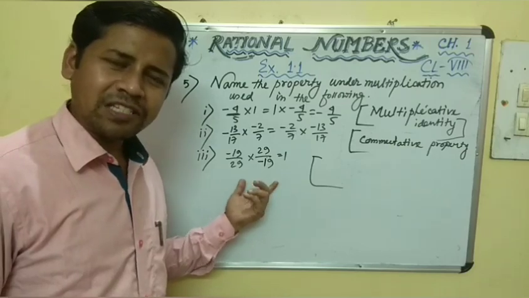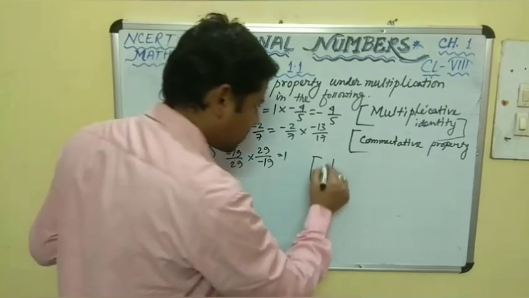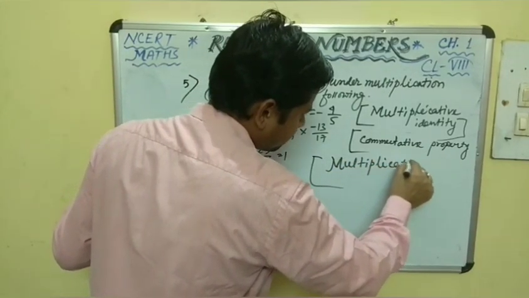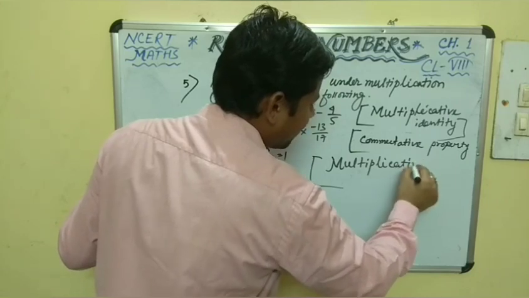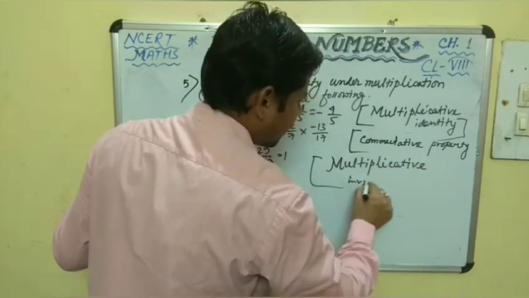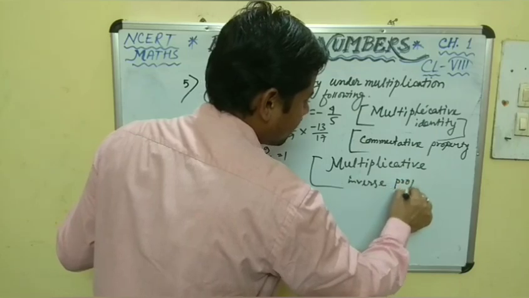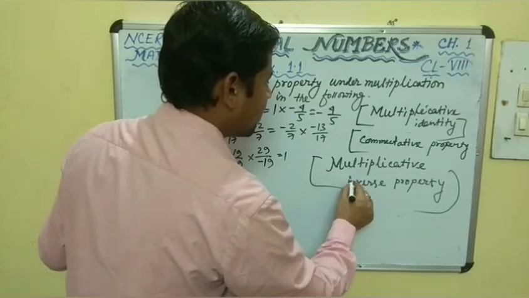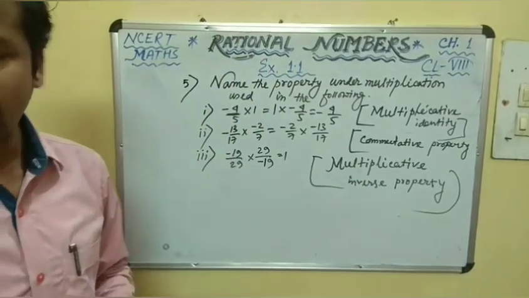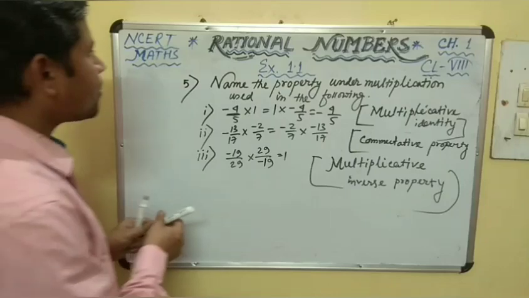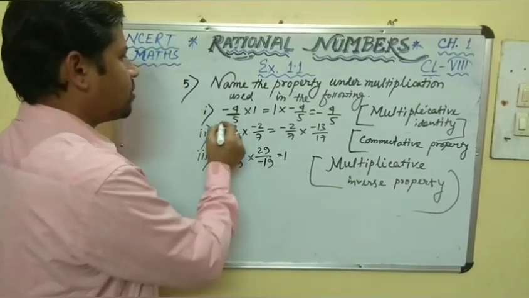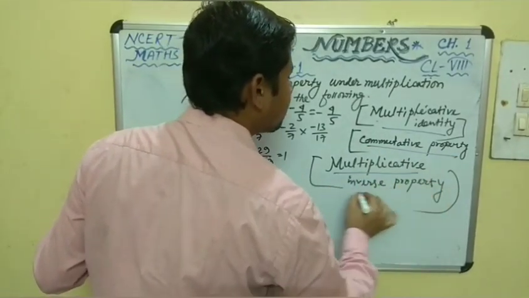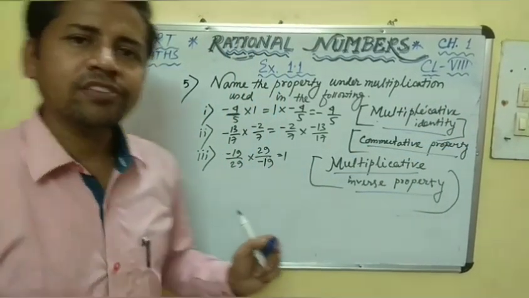That is, here the multiplicative inverse property is used. I think it is clear to all of you what the names of the properties used here are: the multiplicative identity property, the commutative property, and the multiplicative inverse property. I think it is clear.